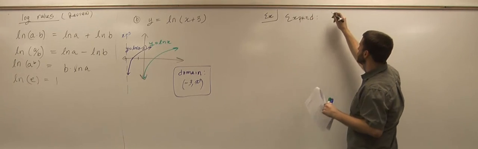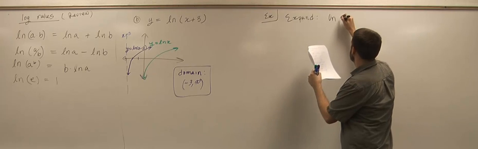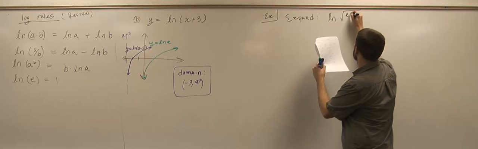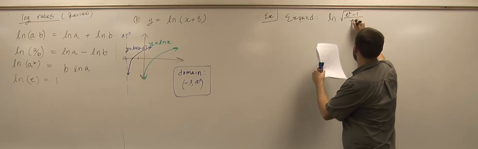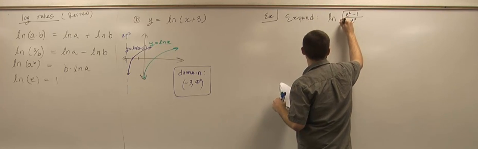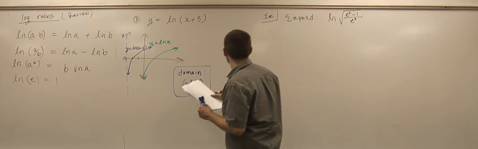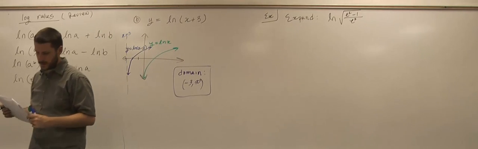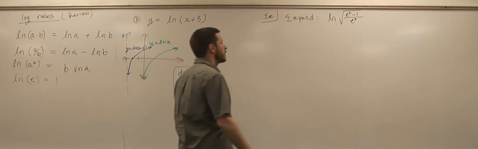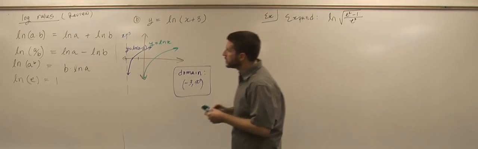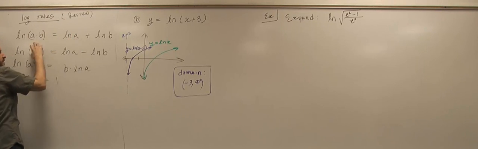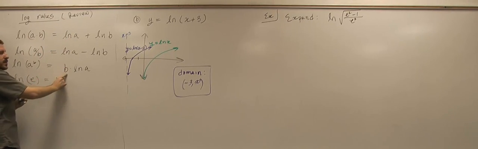I ask you to expand natural log of the square root of e squared minus 1 over e cubed, so the square root's over the whole thing. How would you do this? Expand means apply your log rules going to the right. Turn products into addition, turn division into subtraction, turn powers into multiplication.